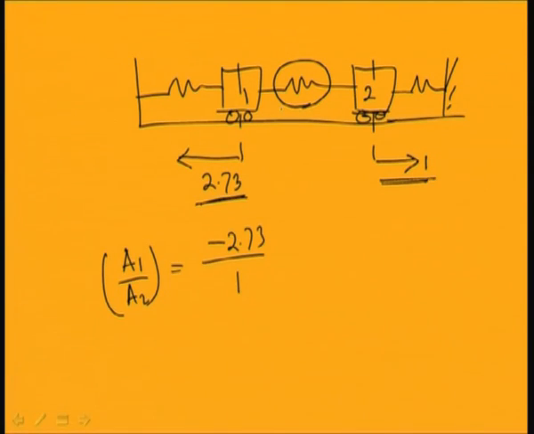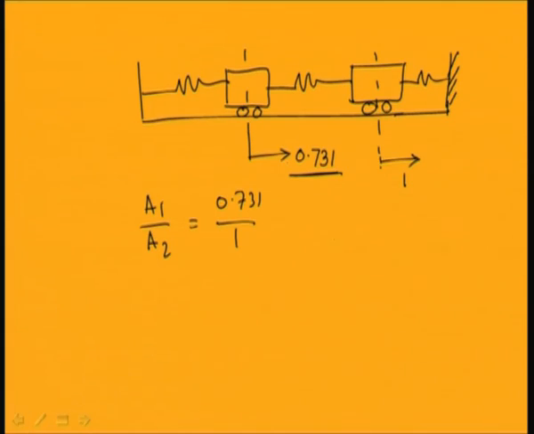So, in this case, the second spring will be under tension. One mass is moving a distance 1 in this way, and the other is moving a distance 2.73 in the opposite way. But in the previous case you can observe that both of them are moving in the same direction, 1 and 0.73, so the spring is compressed.